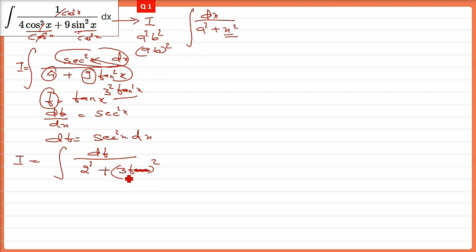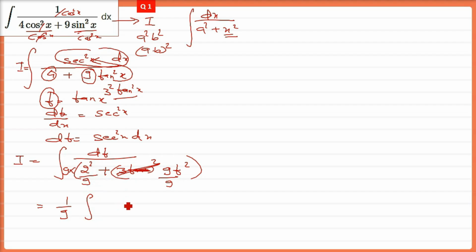But 3t is still creating some trouble. So rather than writing this as 3t square, I will keep it as 9t square, and I will try to eliminate this 9 from t square. That is, just take this 9 outside. If you take 9 outside, it is equivalent to dividing both the numerator and denominator by 9.